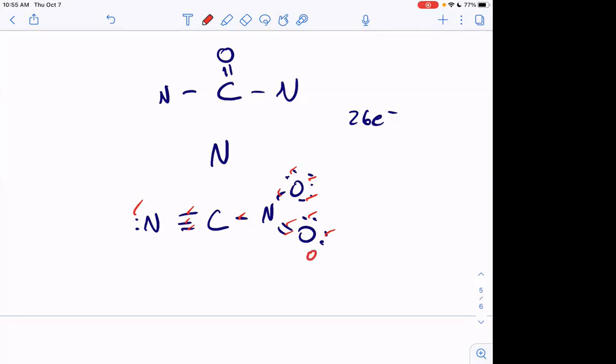As always, this is 0 and this is -1. This is 0. This is 1, 2, 3, 4, 5. This is 0. So that's pretty good. The nitrogen is going to have a +1, right? 5 minus 1, 2, 3, 4. And that's okay because the oxygen's -1, that's more electronegative. Pretty low formal charges in one. Okay.